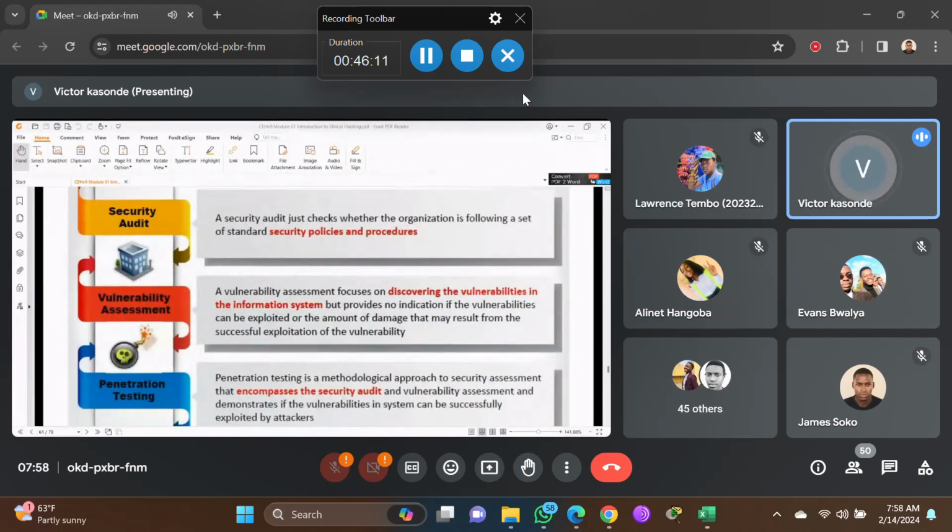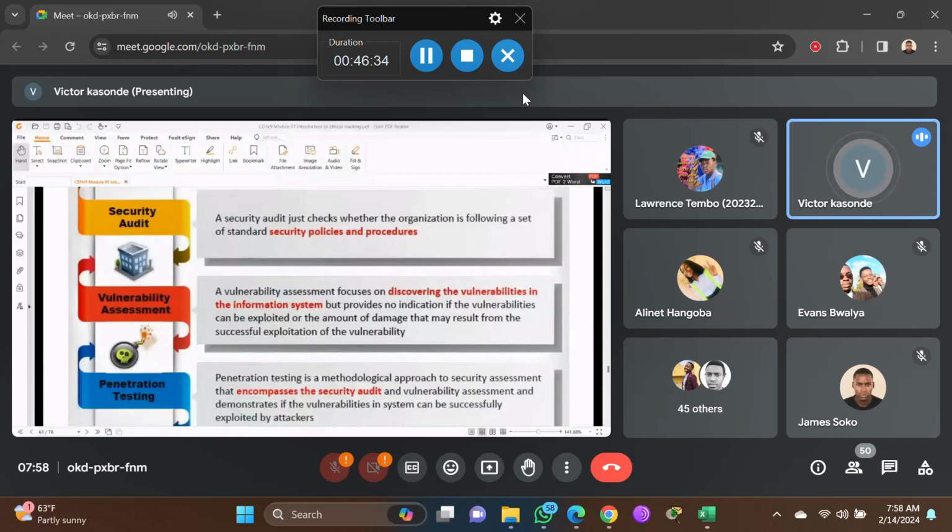That's why they say penetration testing is a methodology and approach to security assessment that encompasses the security audit and vulnerability assessment and demonstrates if the vulnerability in a system can be successfully exploited by an attacker. There you assess it. You have done the assessment. Now here you have to do it.